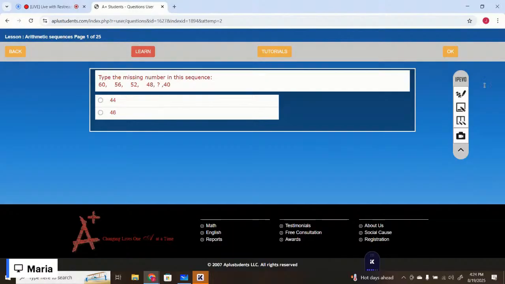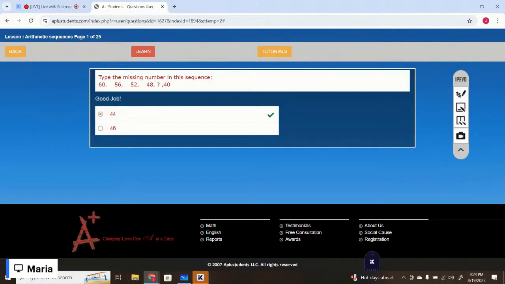So the pattern is decreasing by 4. 60 minus 4 is 56. 56 minus 4 is 52. So 48 minus 4 is 44. Option number 1 is the correct option.